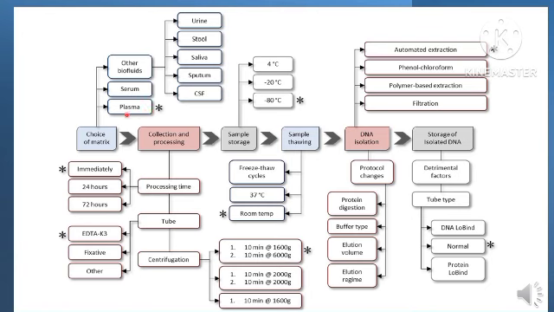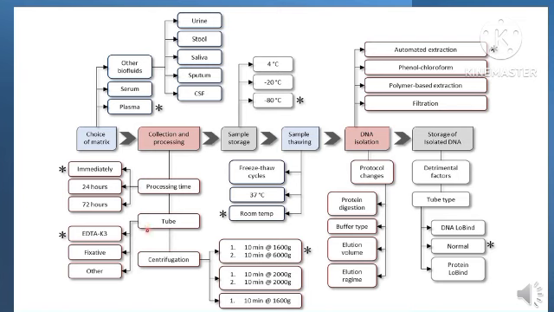So plasma is the best matrix to choose. Then you have to process it immediately. You should not wait. You have to process immediately, as soon as possible, preferably in the first 6 hours itself.